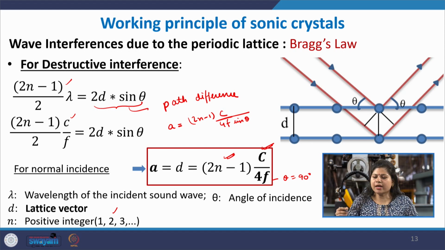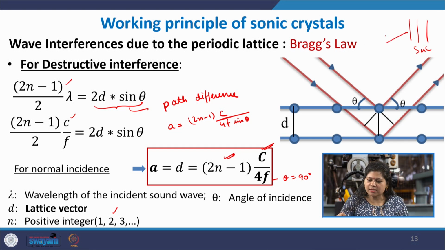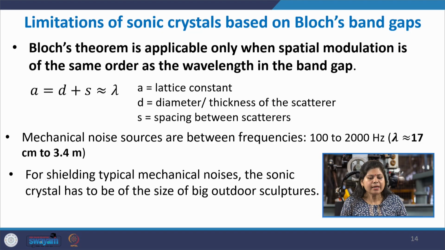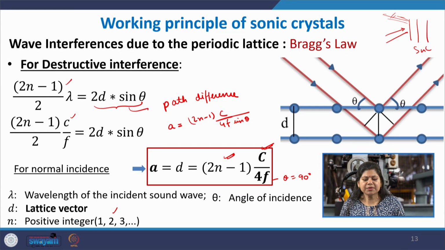But what it means is that, suppose there is some sonic crystal here and some sound wave is getting incident at any angle, then most of it is getting scattered, but there is a perfect cancellation, so the noise is not there. Okay. So, that was another working principle of the sonic crystals, that at certain specific periodicities they can attain a constructive or a destructive interference. Accordingly, the sonic crystal can be used either as a perfect reflector to reflect the sound waves or to cancel out the incident and the reflected waves.